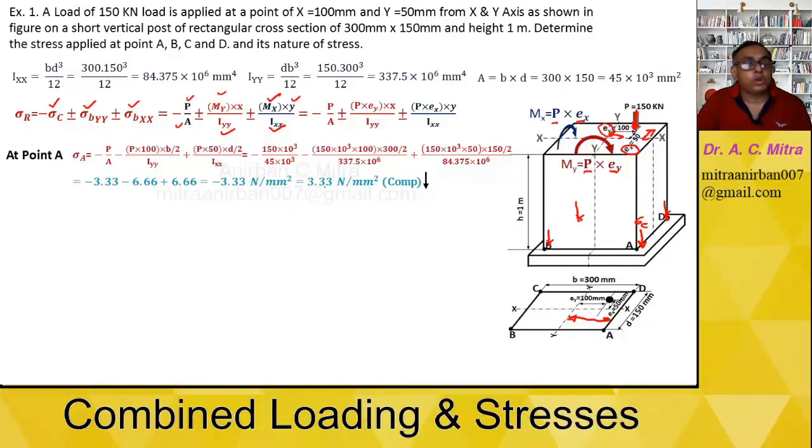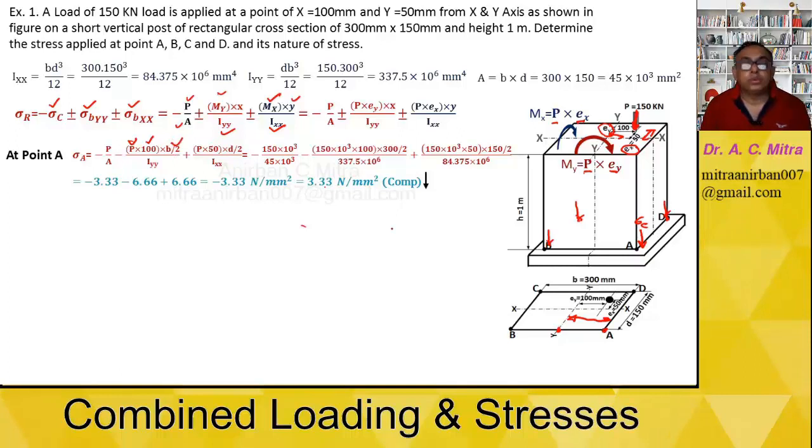Now we know the My. My is equal to P into ey. So we have written down the formula of P into ey. P here, ey is 100 mm. x is the distance from y-axis to point A along the x-axis, so that will be b by 2.